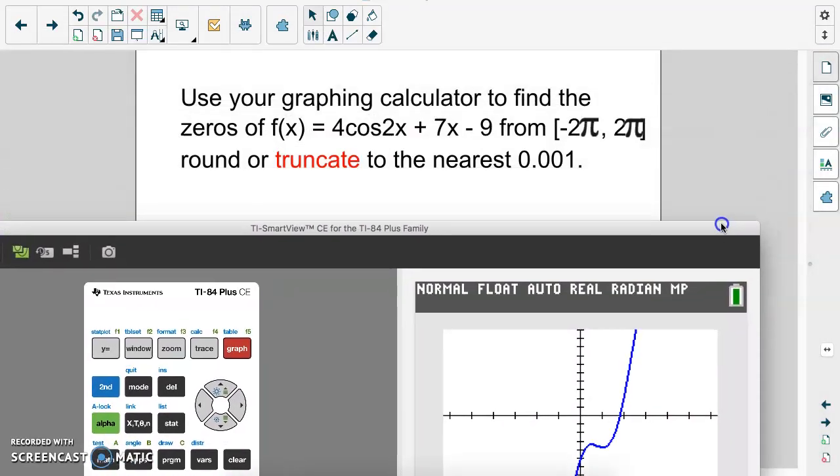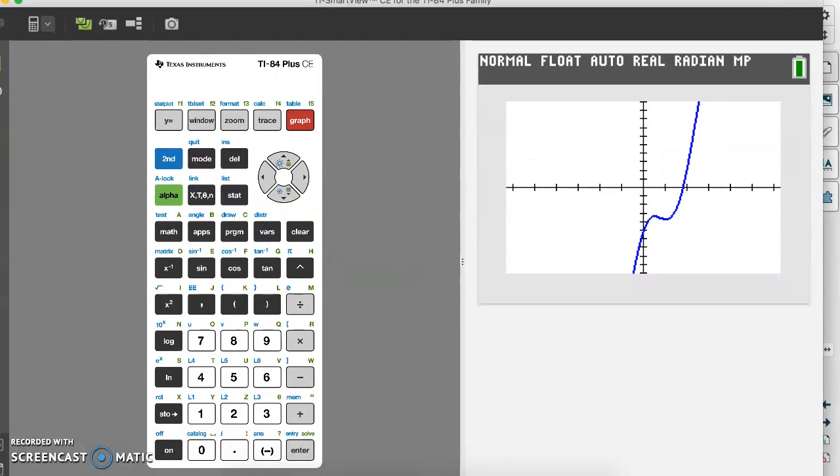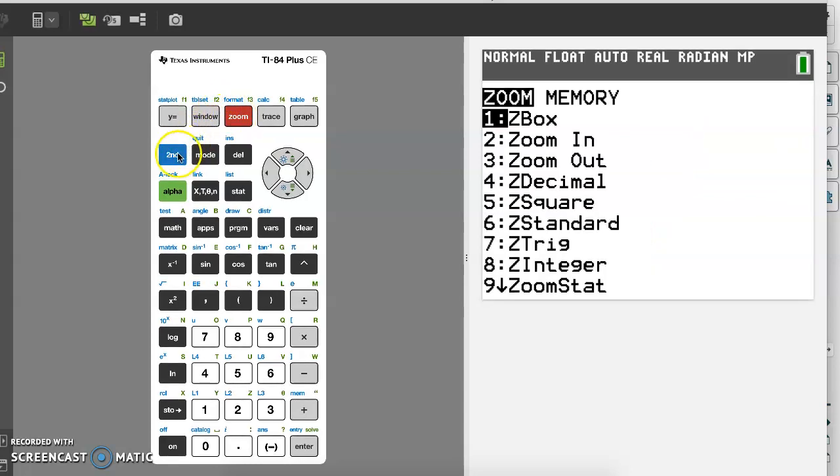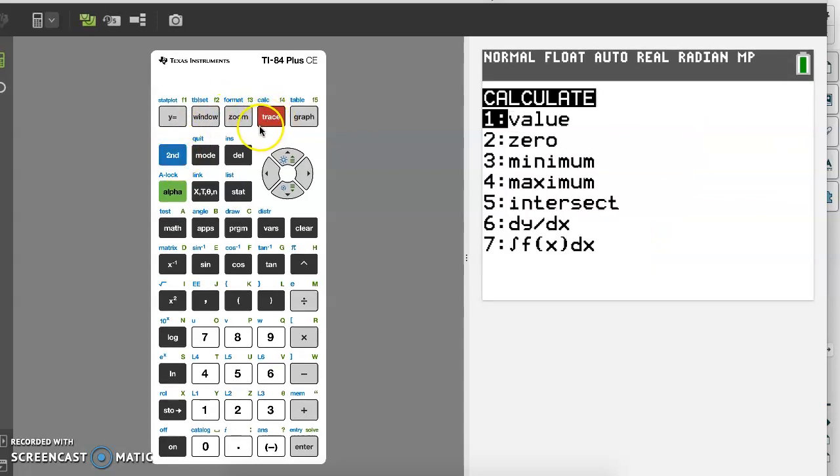And we want to find the zeros. That would be this place right here. So we're going to do second calc. Sorry, intersect. Intersect is not what we want. We want the zero.